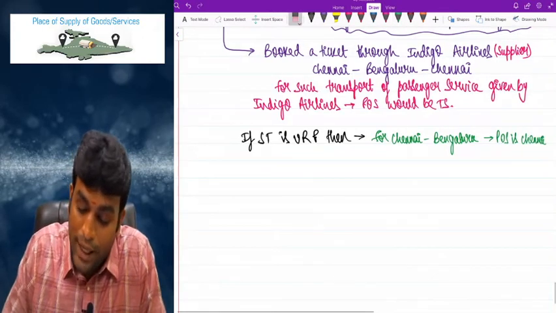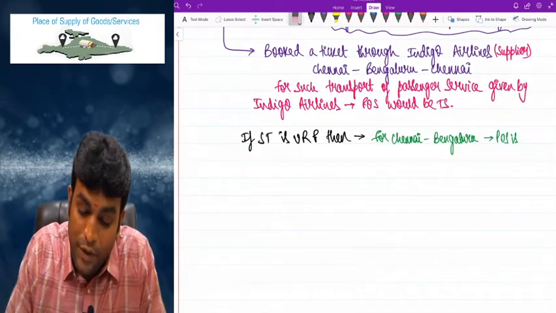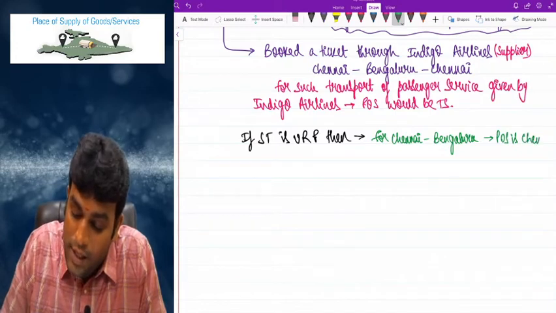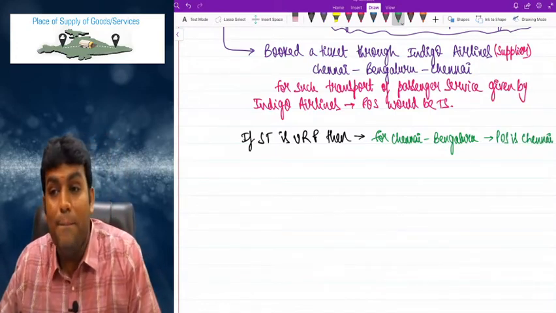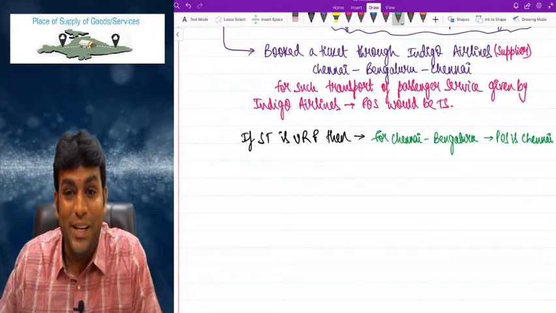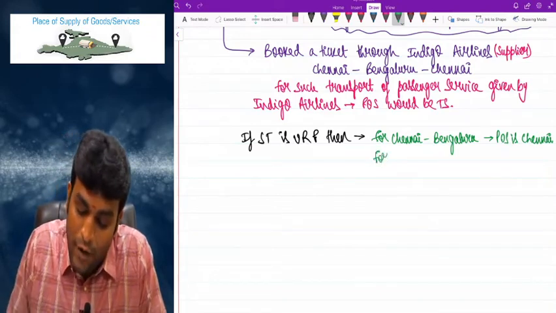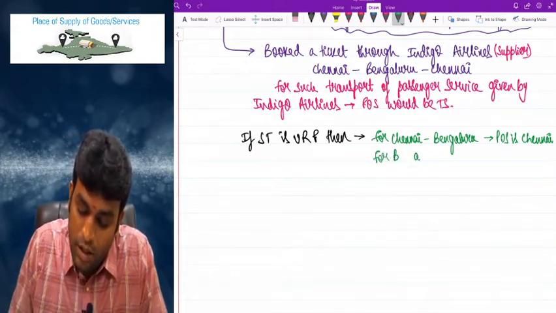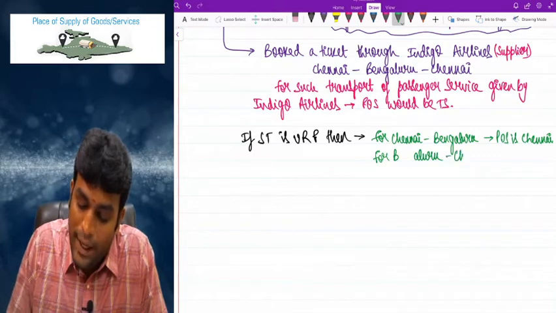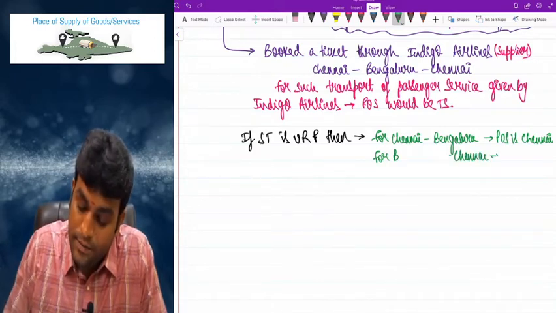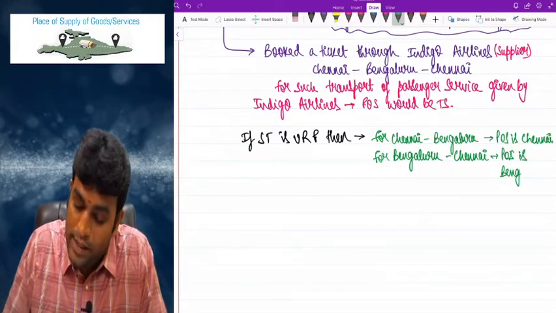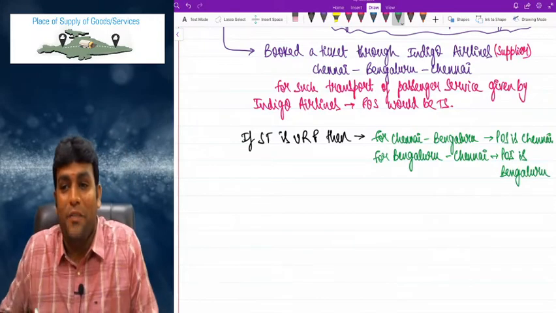For Chennai to Bengaluru, place of supply is what, my dear friends? Chennai. That is because wherever the passenger embarks on the conveyance for continuous journey. And for Bengaluru to Chennai, POS is Bengaluru, my dear friends.